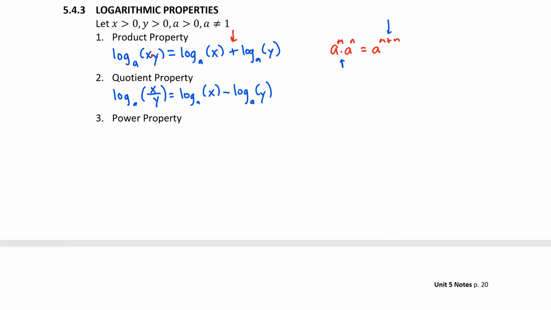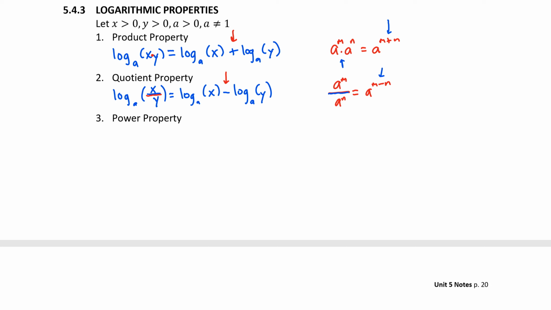Once again, we're taking an operation here, division, in the argument position, and we're expanding this as the difference of two logs, or translating it into subtraction in a different location. In exponents, we say when dividing like bases, we subtract the exponents. So in this case, we take division between the bases and convert it into subtraction between the exponents. In the quotient property, we have the difference between two logarithms, which represents the difference of two exponents.